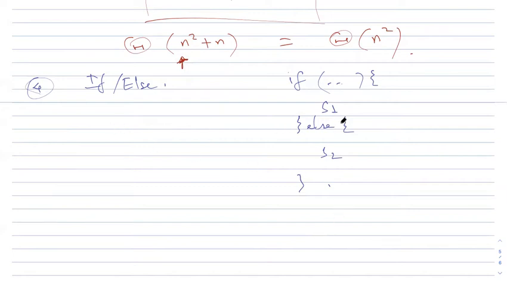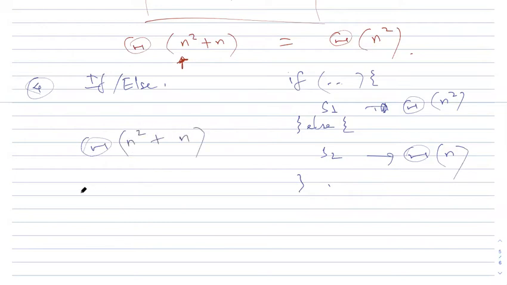Yeah, so if this S1 region turns out to be big theta of n square, and this turns out to be big theta of n, right? So either you can say it's a max of both, or it doesn't matter if you add it. So n square plus n would be equal to big theta of n square, because n square is going to dominate anyway.